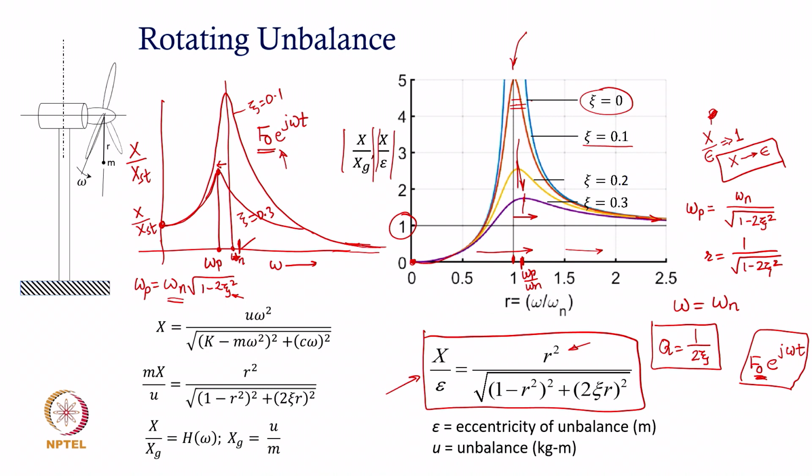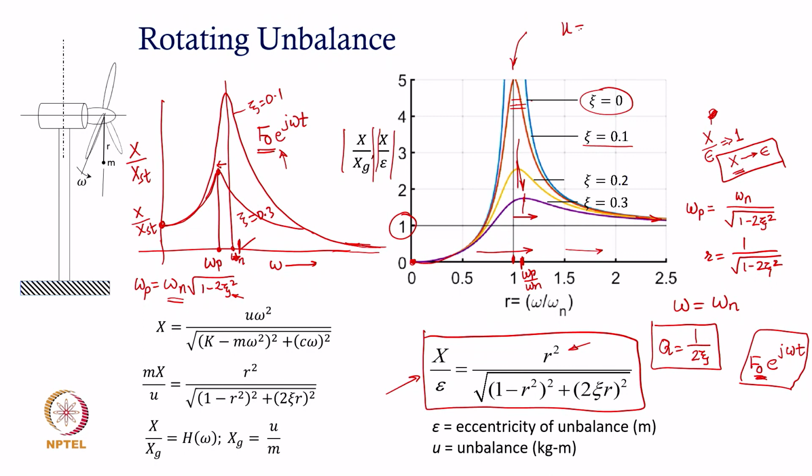To reduce the value of x itself, the vibration amplitude, our objective is to have a small vibration amplitude. What do you do? You reduce the unbalanced eccentricity. It is like reducing the unbalance itself, u equal to m times epsilon. So, you cannot change mass. Okay. So, if you try to reduce this epsilon value, you eventually will reduce x.